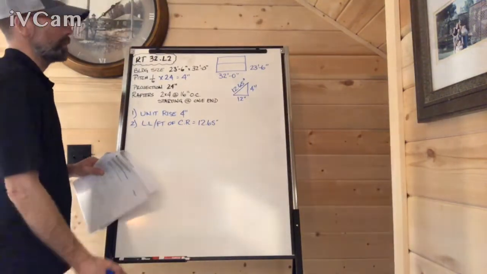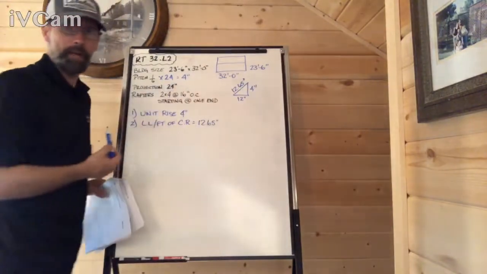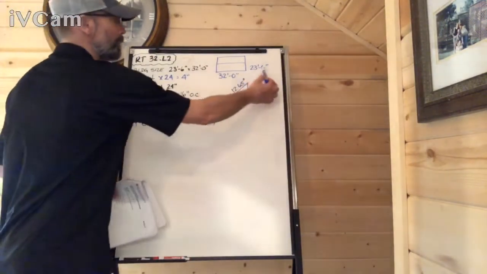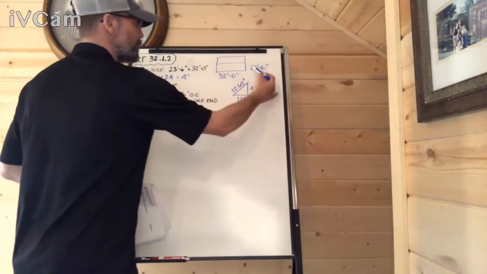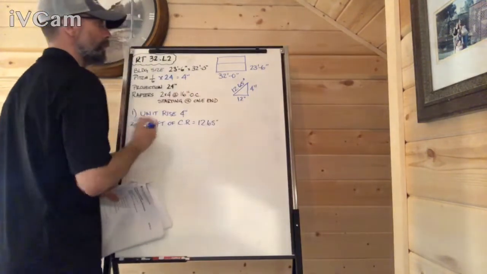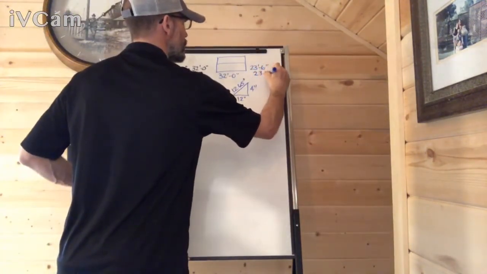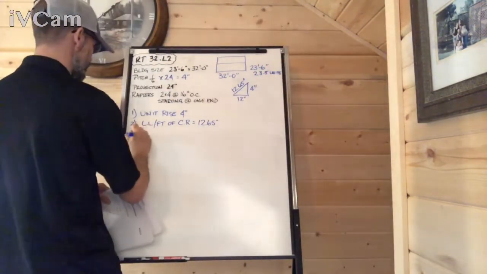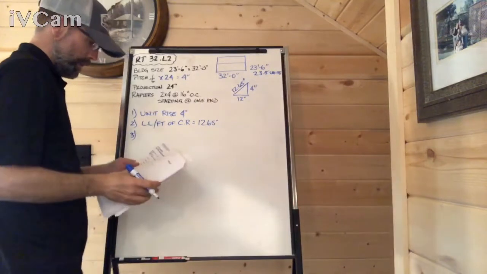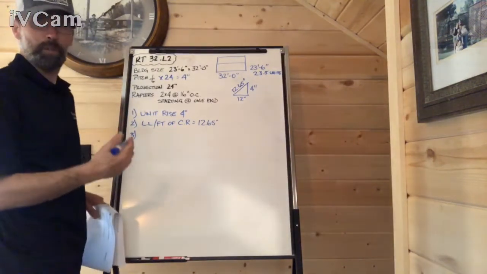Half the span as a decimal. Here's my span, 23 foot 6 inches, which is 23.5 units. So for number 3, I'm going to take half my span as units of run.